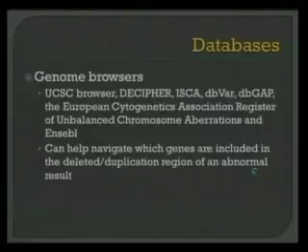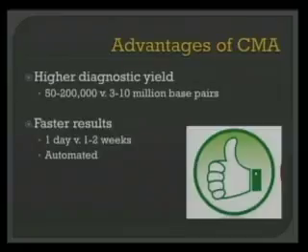Again, the advantages of chromosomal microarray: it's better as far as diagnostic yield. You can detect an even smaller portion than you could with FISH. Compared to karyotype, you're looking at 50 to 20,000 base pairs versus 3 to 10 million base pairs in a karyotype, so you need a much smaller sample to get a result.